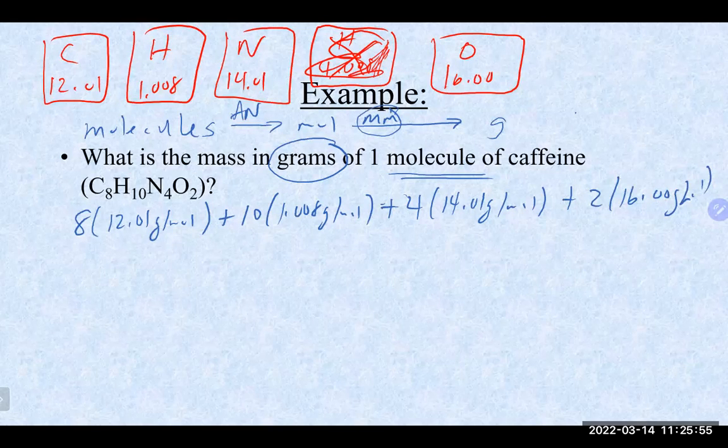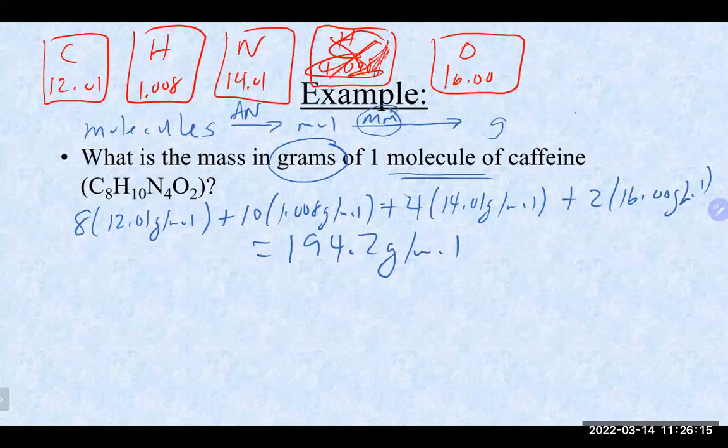That's a lot of numbers there. So 8 times 12.01 plus 10 times 1.008 plus 4 times 14.01 plus a 32, about 194.2 grams per mole here. So again, we're going to need that obviously on the back end here of the calculation.